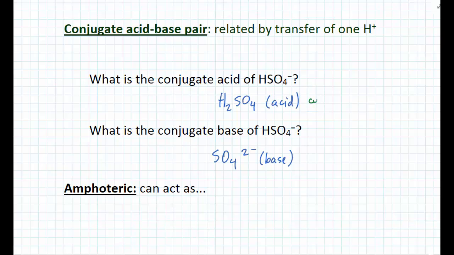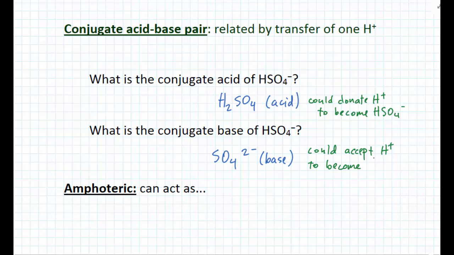This acid could donate an H plus to become HSO4 minus. Sulfate could accept an H plus.